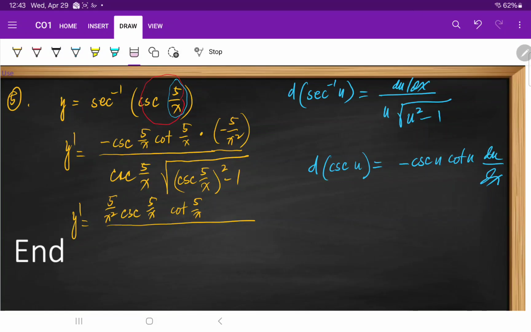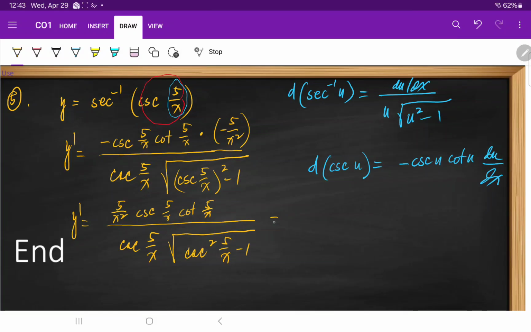Okay, let's rewrite it. Let's first write 5 over x squared. Negative times negative is positive 5 over x squared times cosecant of 5 over x, cotangent of 5 over x, over yung cosecant of 5 over x, times the square root of, this becomes cosecant square of 5 over x minus 1.